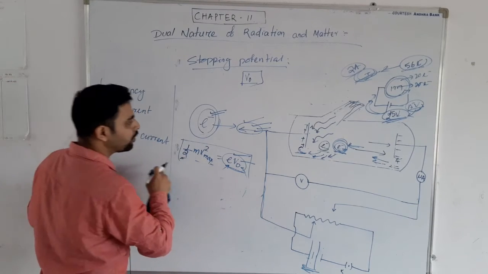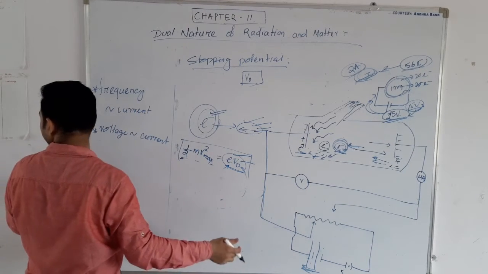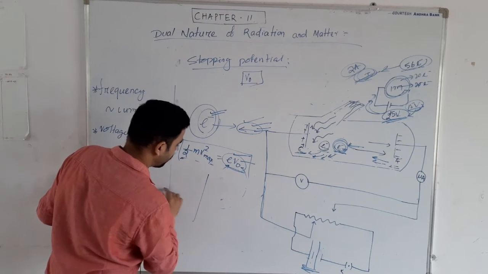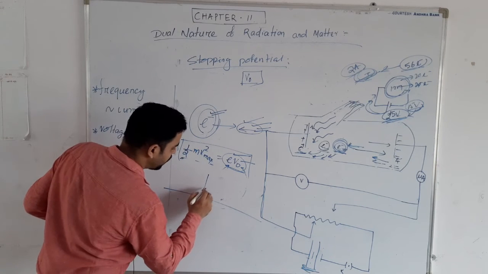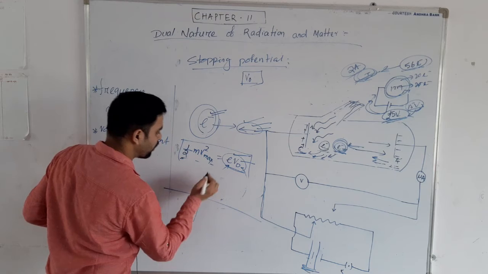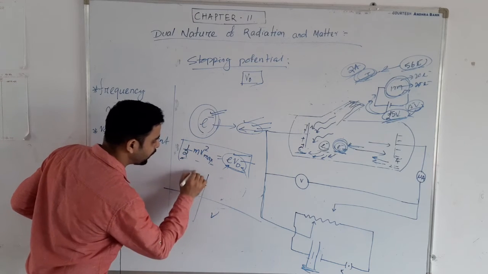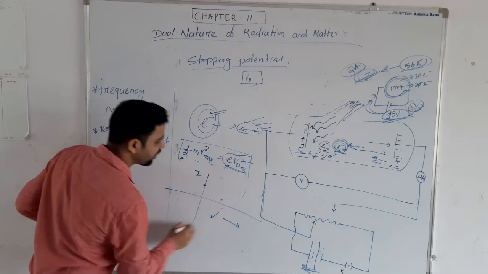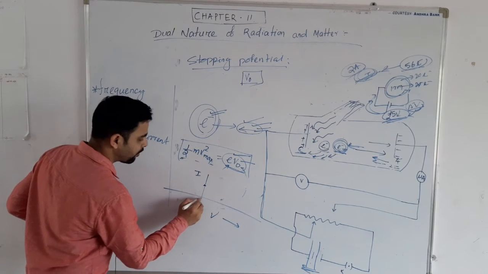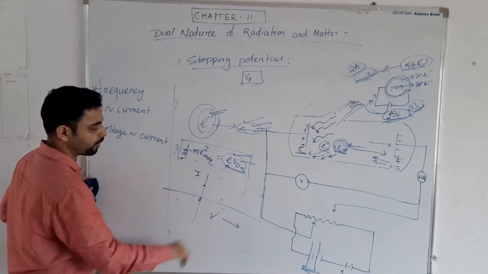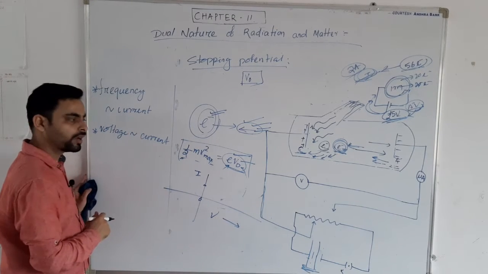Okay, from all we have studied, if I draw the graph, what do you observe? We will draw the V versus I graph. Initially, in the absence of voltage, there is some current here. When the voltage was 0, I was getting some value of current.